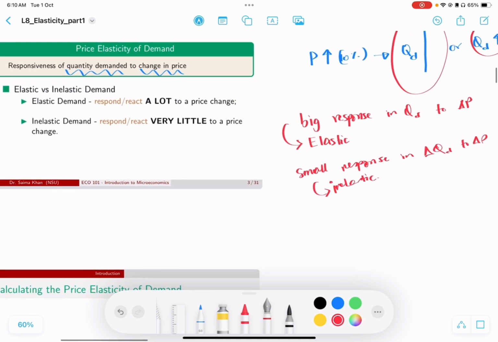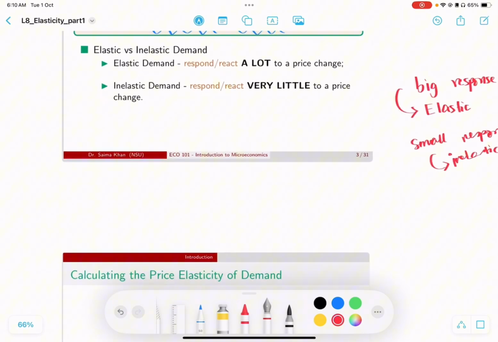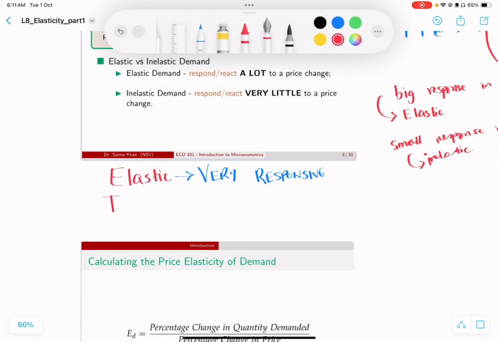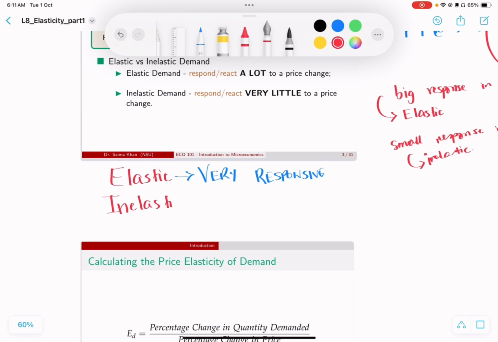On the other hand, if the change in quantity demanded is quite small, when there's a slight change in price, then we say that the demand is inelastic, not so responsive. So whenever you hear the word elastic, just think very responsive. And when you hear the word inelastic, just remember it means less responsive.